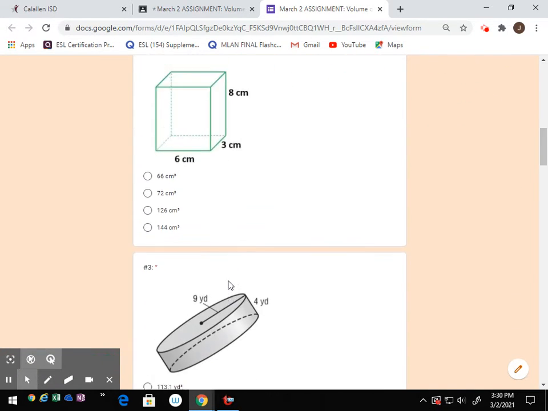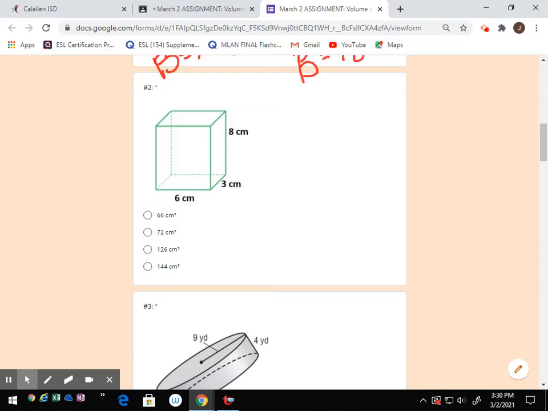Number 2 is a rectangular prism. When we look at it, we can see that our length is 6, our width is 3, and our height of the 3D object is 8. So H. Okay, our volume formula, again, V is equal to big B, the area of the base, times H. The shape of our base is a rectangle right here.